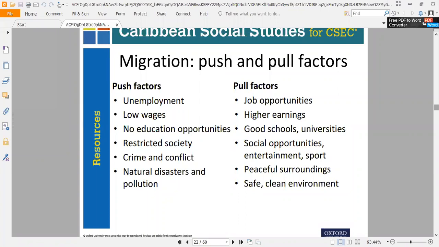Come now, is the push factor the negative factor? Or is the pull factor? The push factor is certain, negative. All right, say that again, please.